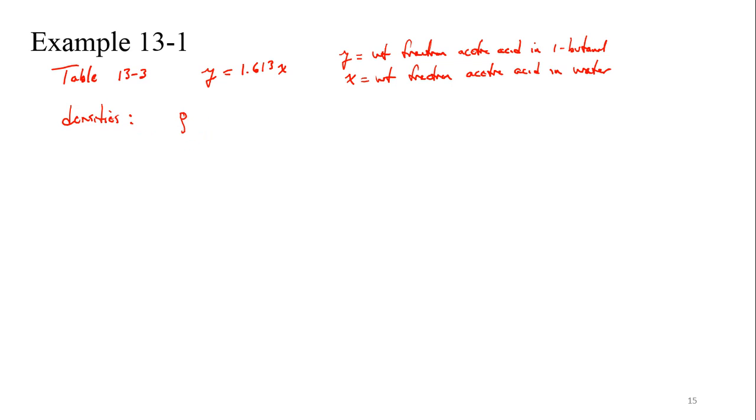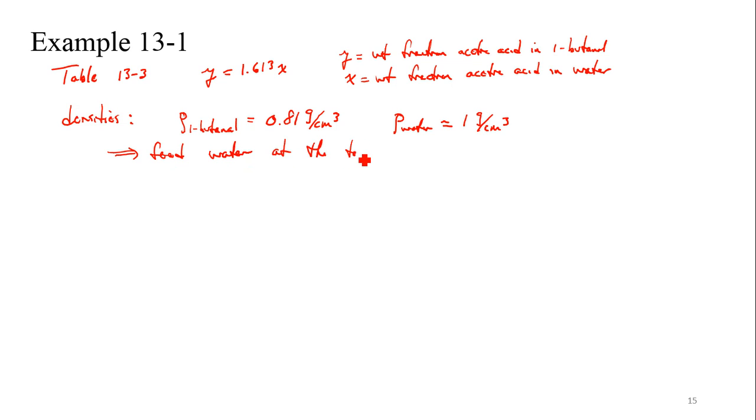The density of our butanol is essentially 0.81 grams per cubic centimeter, and the density of our water is approximately equal to 1 gram per cubic centimeter. So that suggests to us that we should do what? We should feed the water at the top. So feed water at the top of the column.